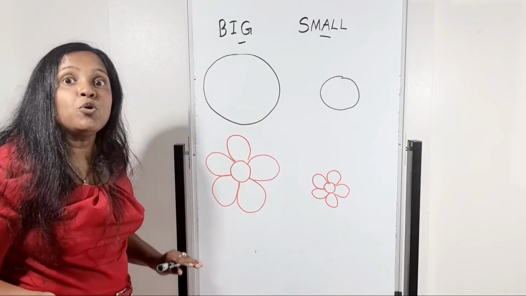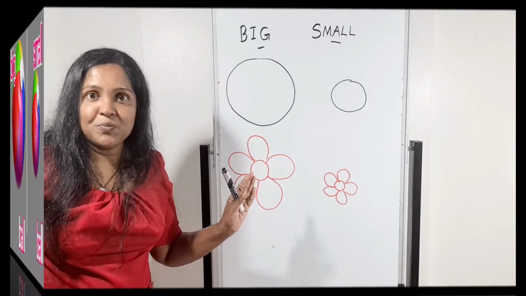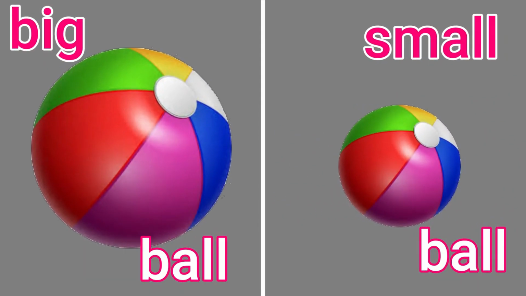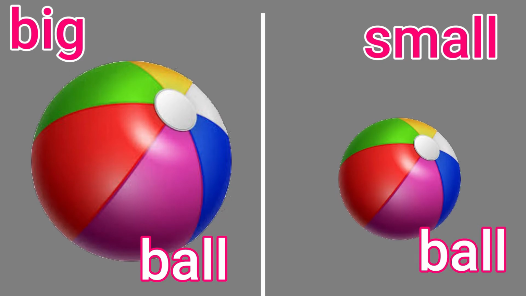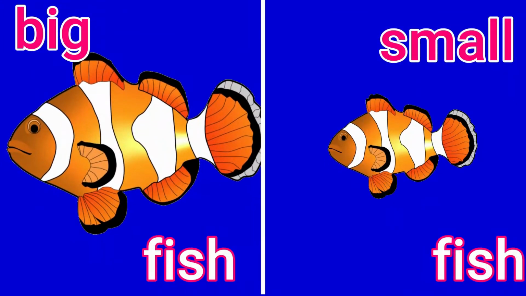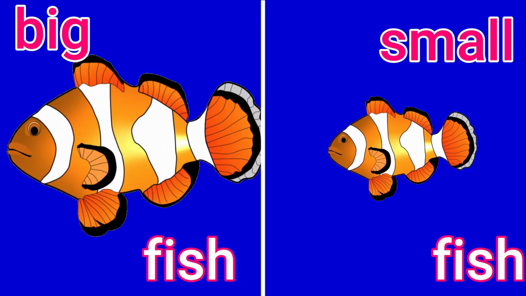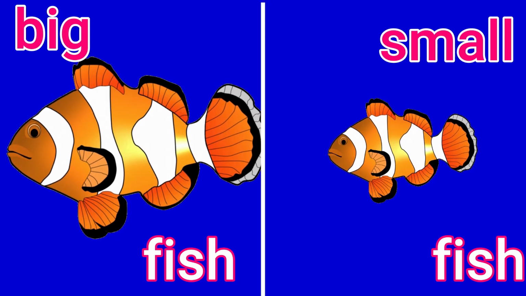Now I will show you more examples. Now you can see two balls. One is big and one is small. Now you can see two fishes. One is big and one is small.